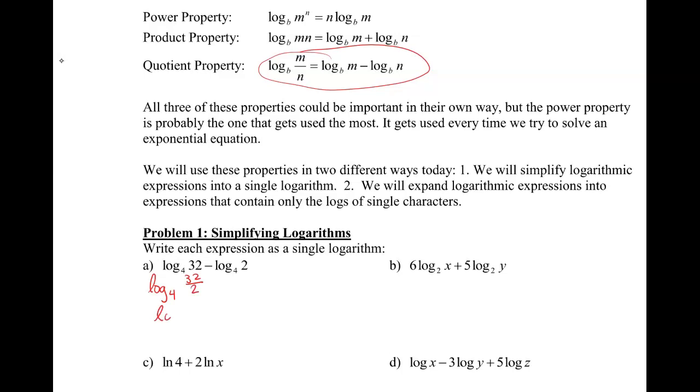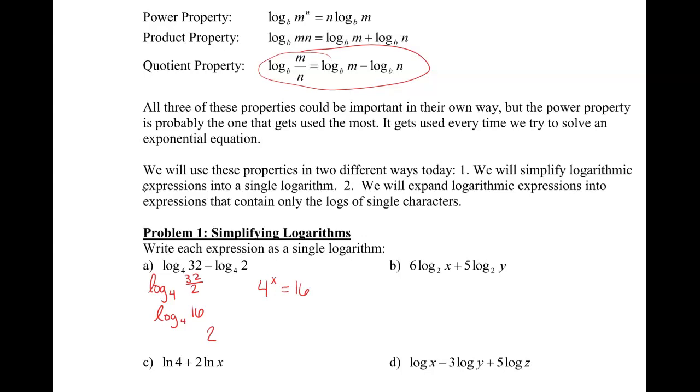Or I could just have log base 4 of 16, which is just 2, because again that turns into 4 to the x equals 16, 4 to the y equals 16, and that's just 2.